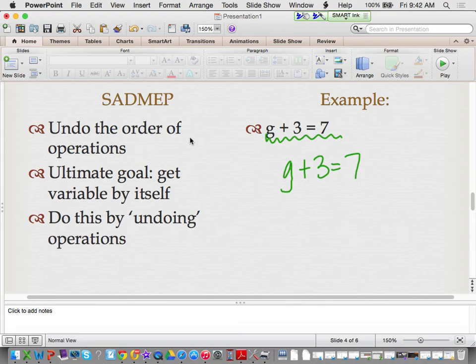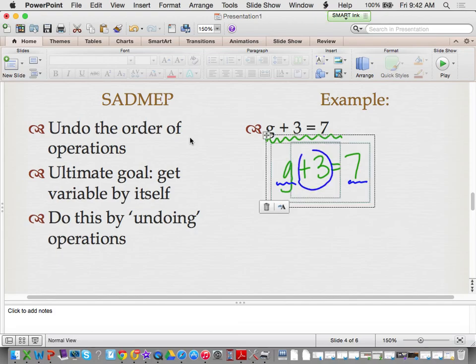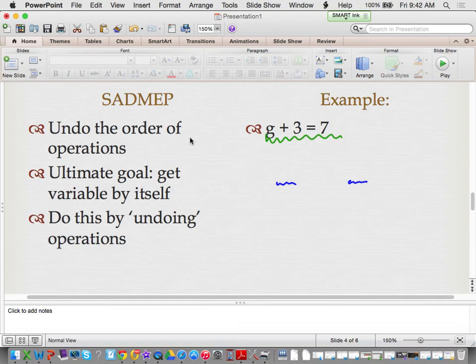It's like I already know the answer is 7, so I need to find out part of the question. What plus 3 equals 7? And so what I'm going to end up doing is I'm going to get rid of this plus 3. The way I get rid of a plus 3 is to subtract 3. And I'm going to do that on both sides of this equal sign.